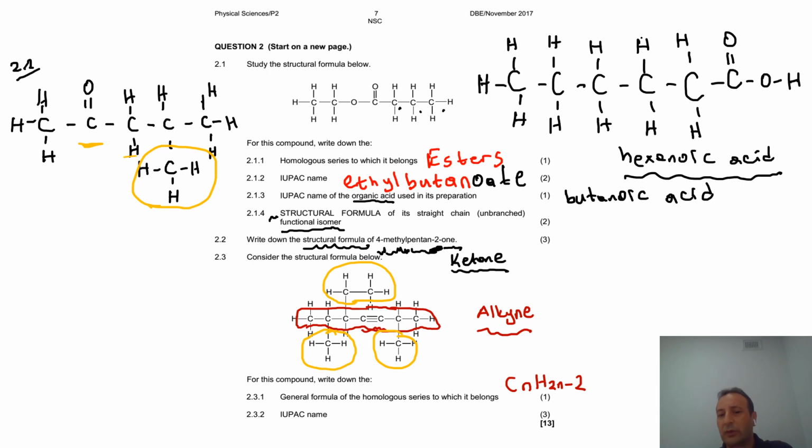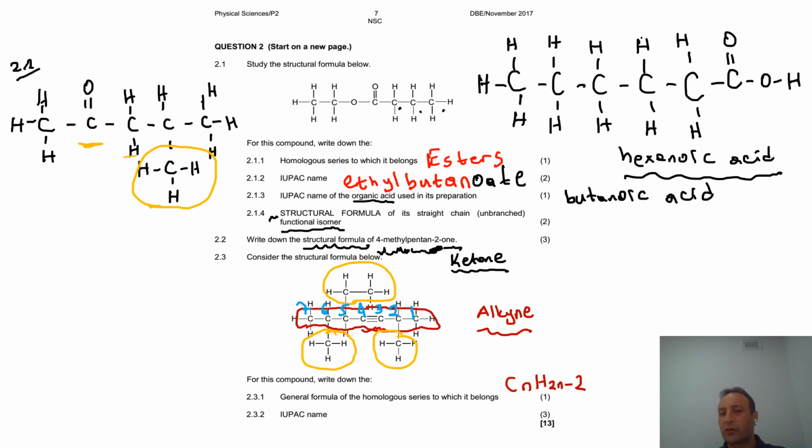What we need to do, guys, is number the carbon atoms in the longest chain after choosing the longest chain. We can start from left or right. We need to decide. As you see, the functional group is closer to the right side, so I must start from the right side. This is the first carbon, that is second carbon, third, fourth, fifth, sixth, and that's my seventh carbon.